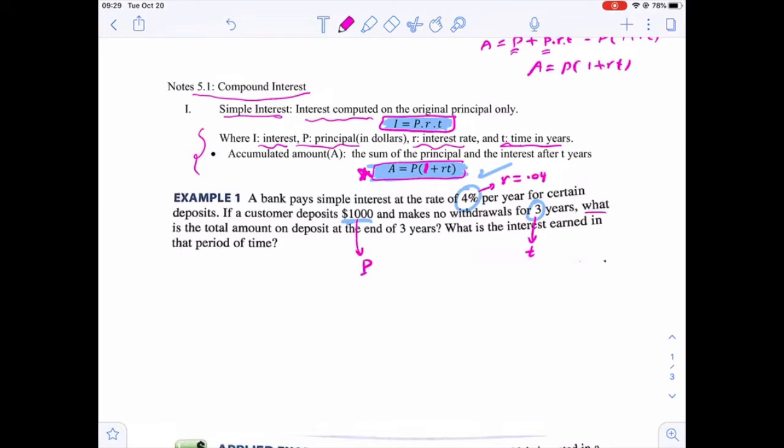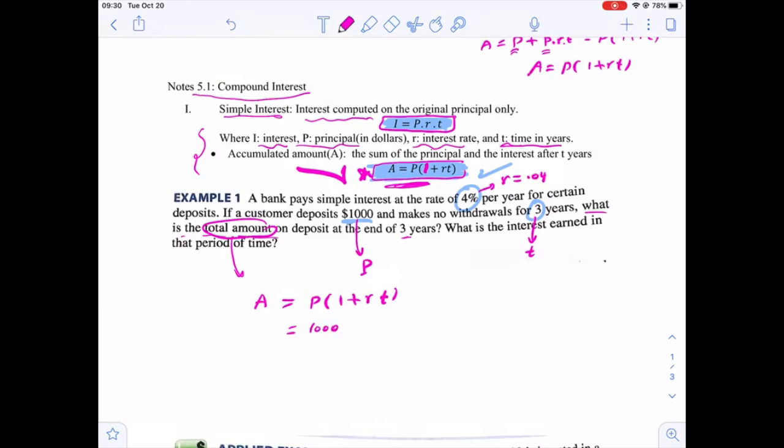Now the question is, what is the total amount on deposit at the end of 3 years? And then what is the interest earned in that period of time? So the first question, what is the total amount? That's the accumulated amount, given by this formula, A equals P times 1 plus RT. So we write it here, and then we plug in these values.